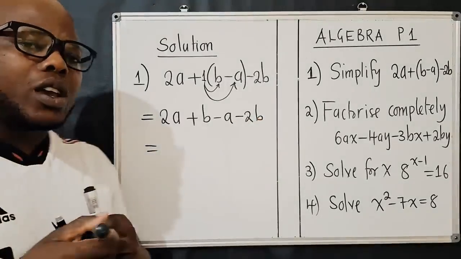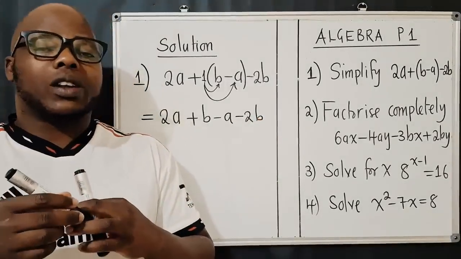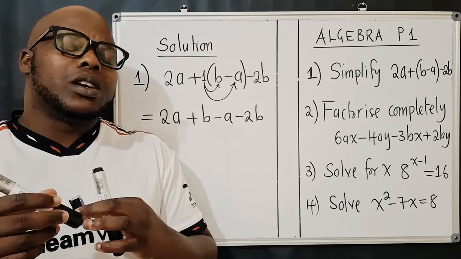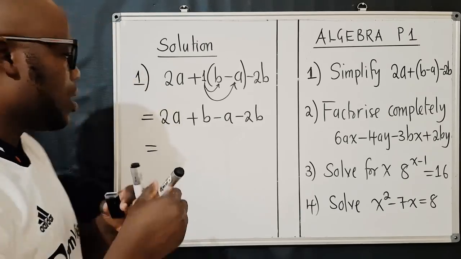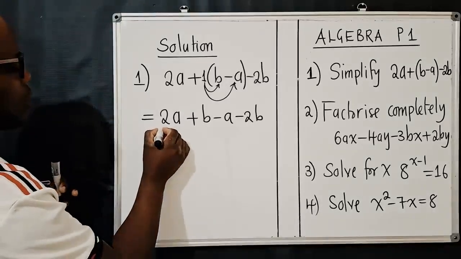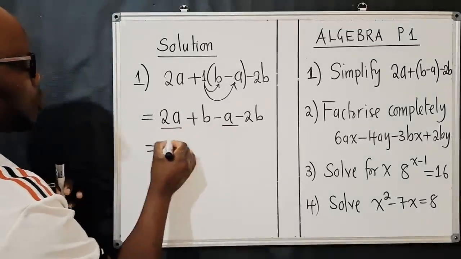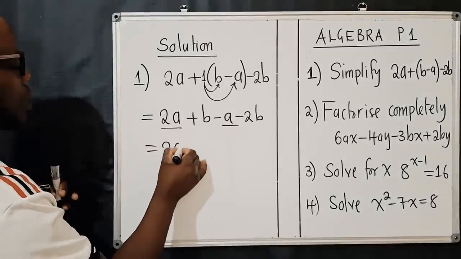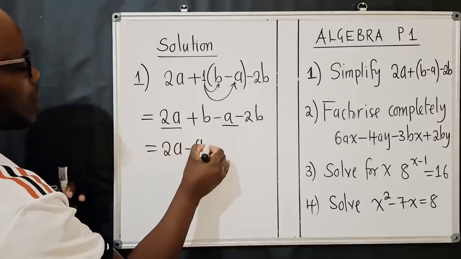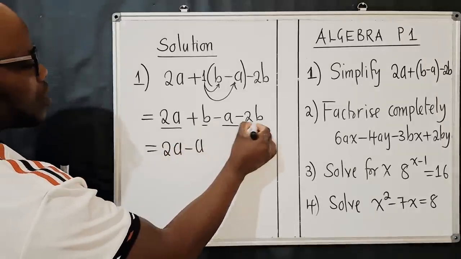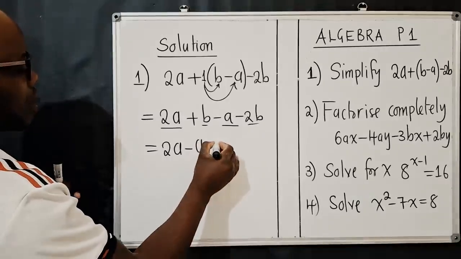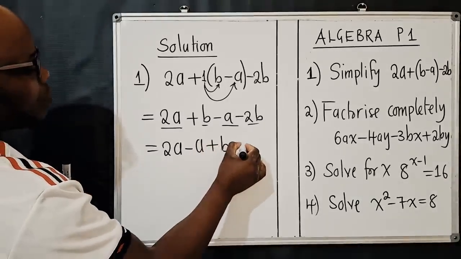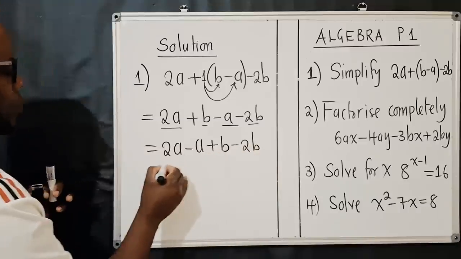The next step, since we've gotten rid of the brackets, will be to arrange or group our work according to like terms. So 2a and a will be together, that's 2a minus a. And then b and negative 2b will be together, so it will give us b minus 2b.